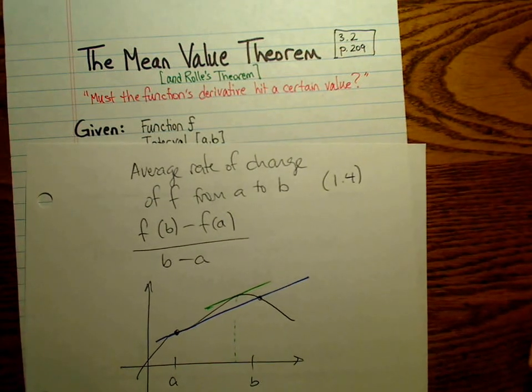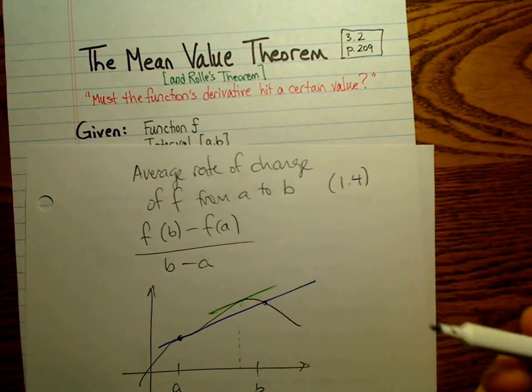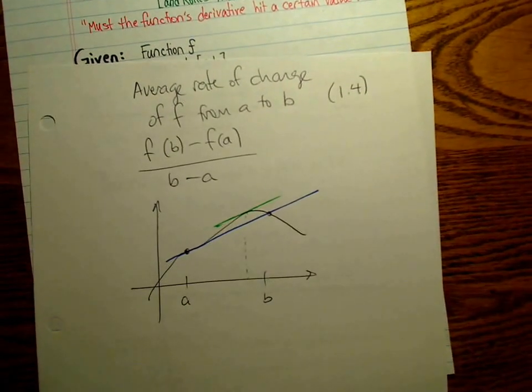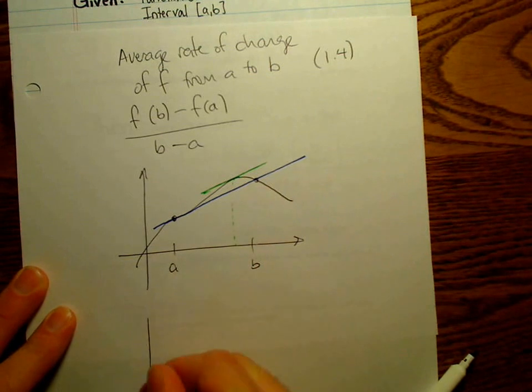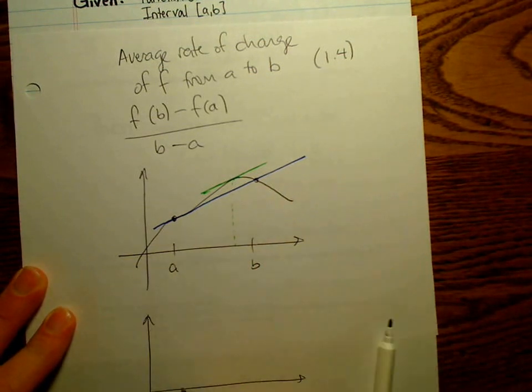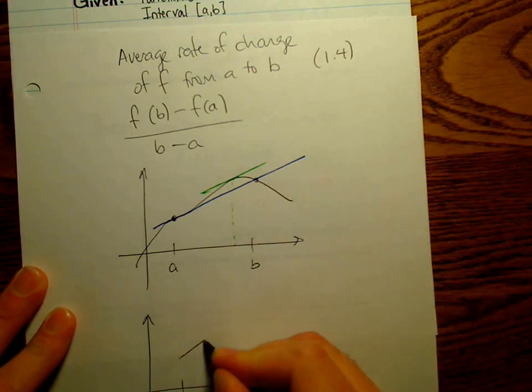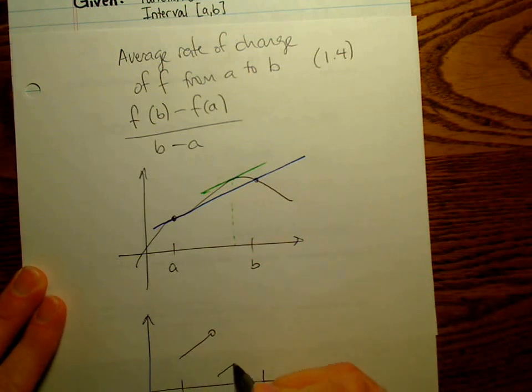And so, are we guaranteed this? Here it happened, but what makes this special? It's going to be a lot like before. Continuity is going to play a role, because if you've got a function that goes from A to B that's not continuous, for example, a jump in there.